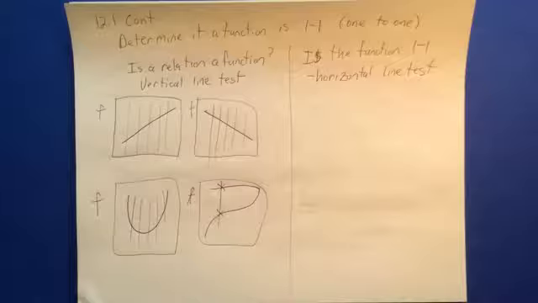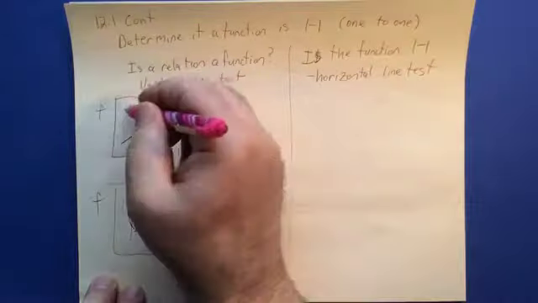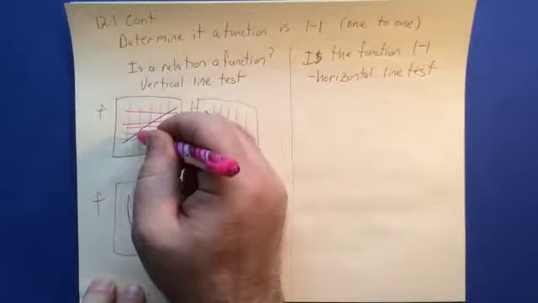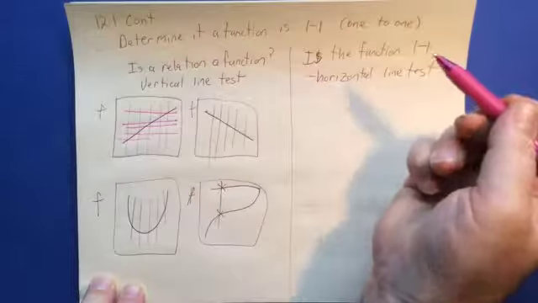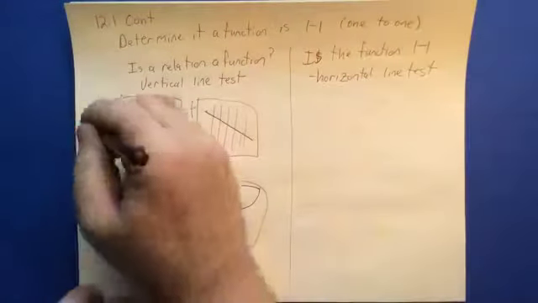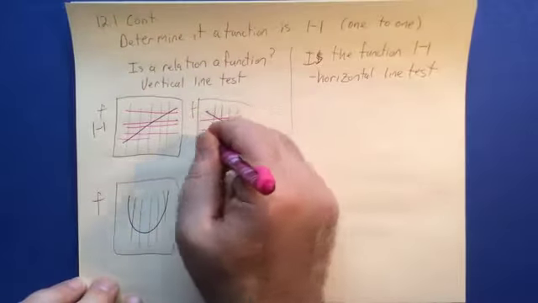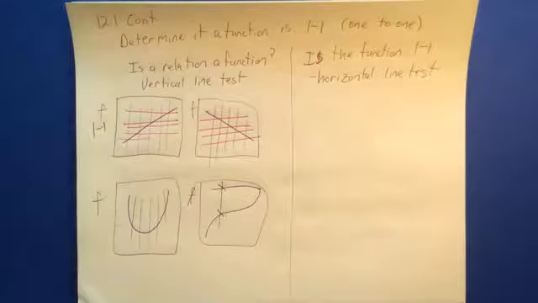So we're going to draw horizontal lines to run this test. It looks like no matter where I draw a horizontal line, it's only going to cross the graph once here. So we can say that this graph is one-to-one. We can say this function is one-to-one.